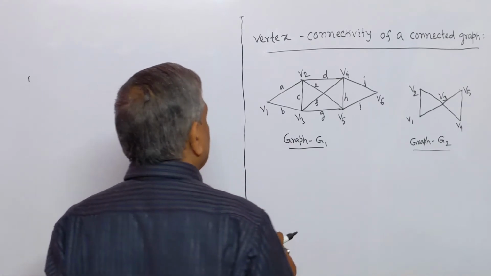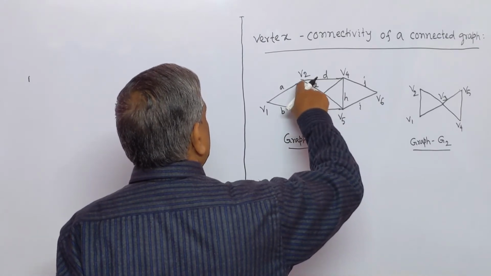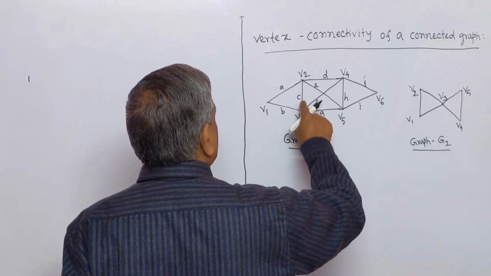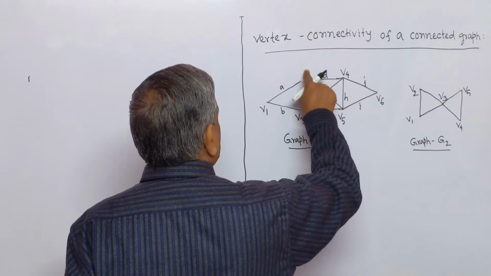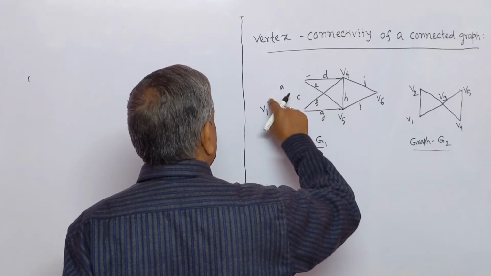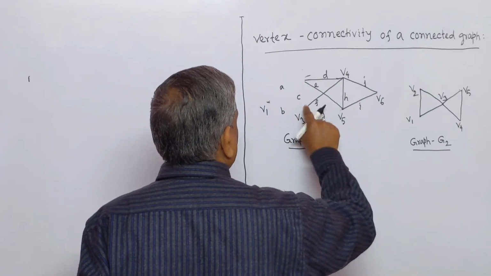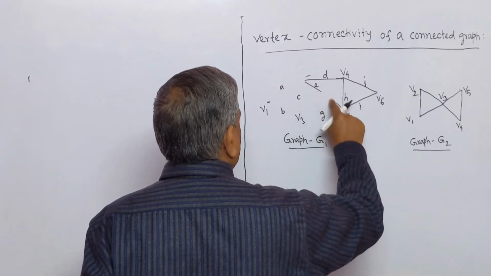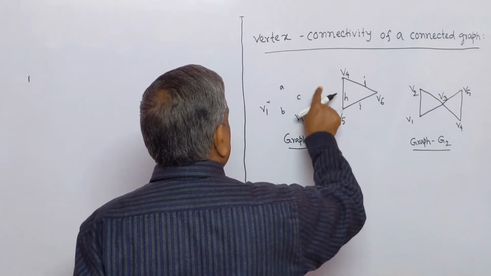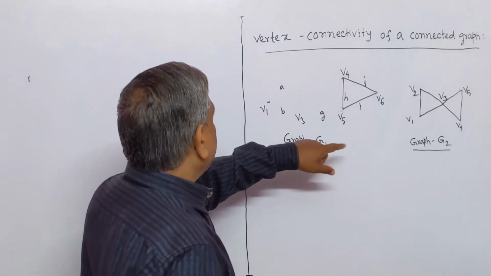Here we see that if we remove vertices V2 and V3, means we remove all the edges with these vertices, we get two disconnected graphs.